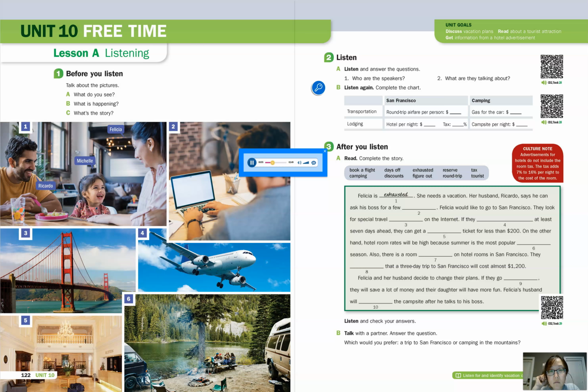Look, if we book a flight 7 days ahead, we can get a round-trip ticket for $200. That's not too expensive. Are there any discounts for children? Let's see. I don't think so. Oh, that's too bad. What about hotel rates?